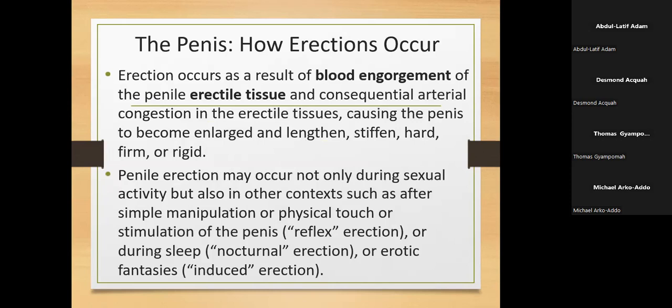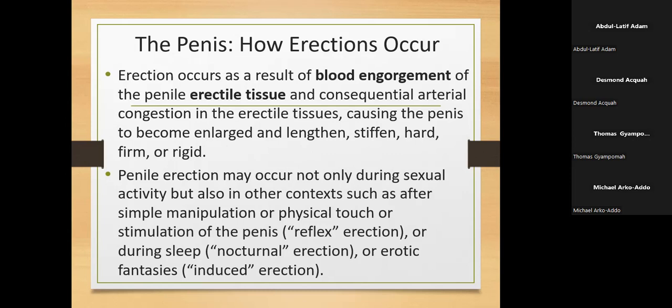So how do erections occur? How do you get an erection? Erection occurs as a result of blood engorgement of the penile erectile tissue and consequential arterial congestion. I'll explain that.